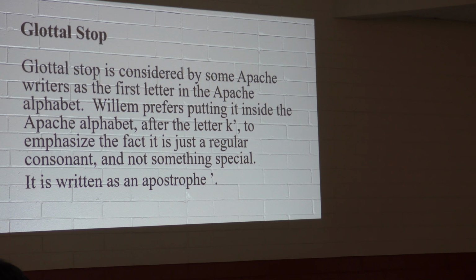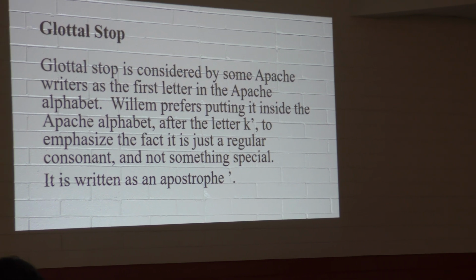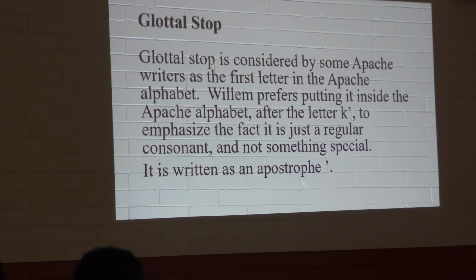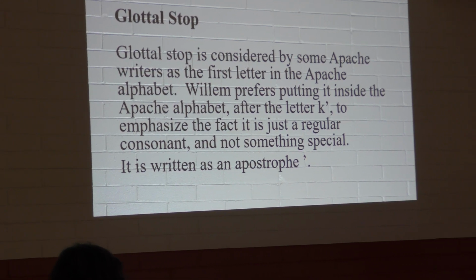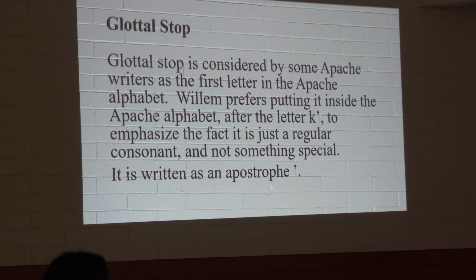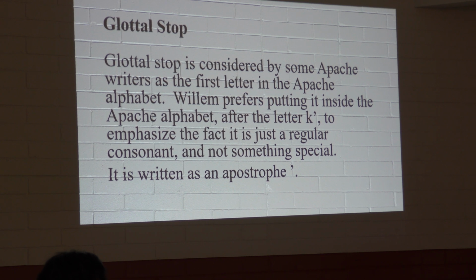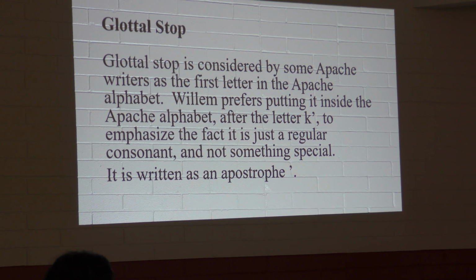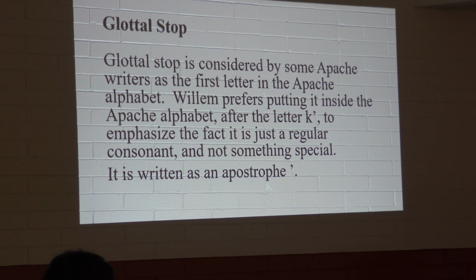So the glottal stop, you've got to pause when you say it. It's a real consonant sound. It occurs at the beginning of a word, but by convention it's not written in front of a vowel. It occurs in the middle of words, and it occurs at the end of words. And it also sometimes combines with other consonants, but that's a little bit different. Okay.